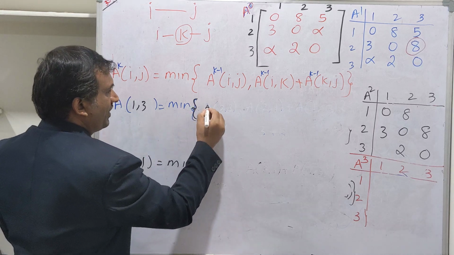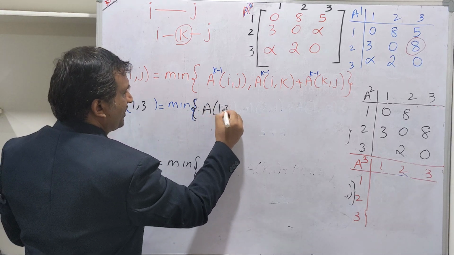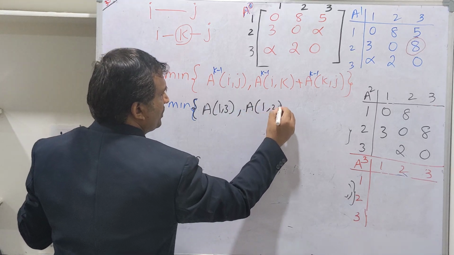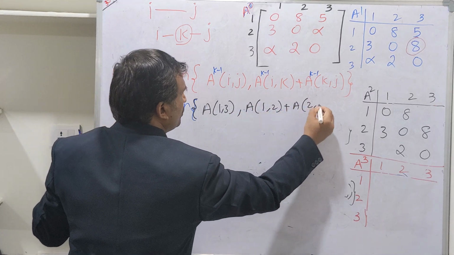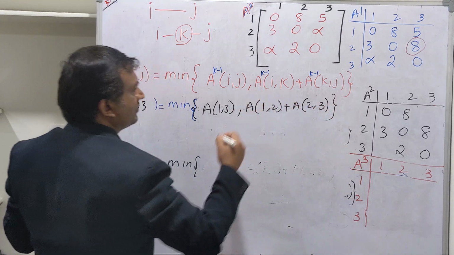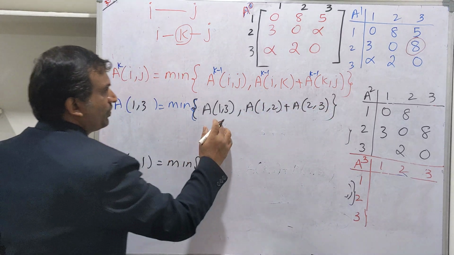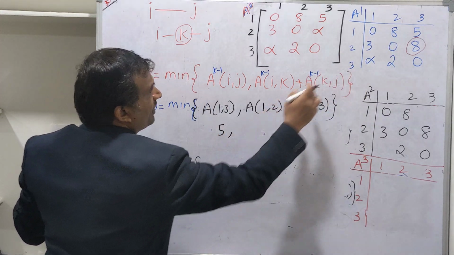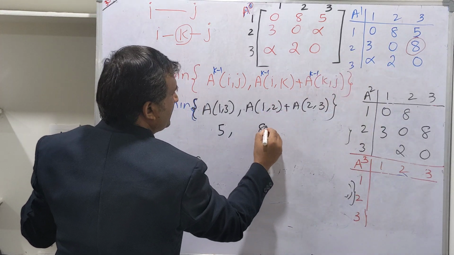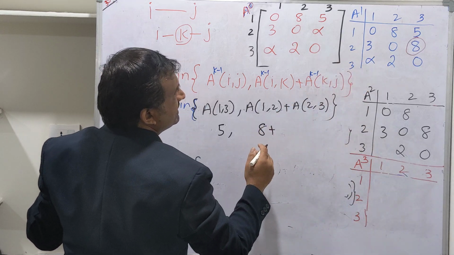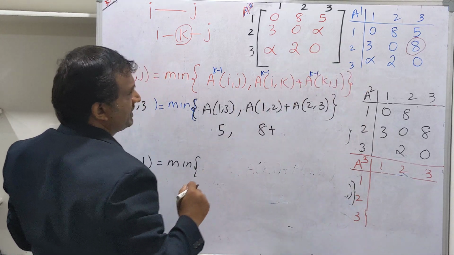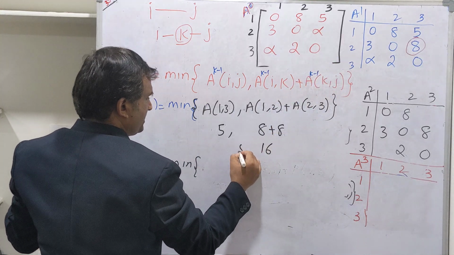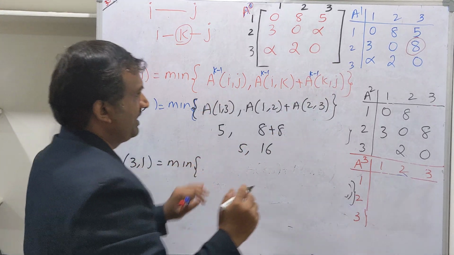So minimum of A of 1,3, and A of 1,2 plus A of 2,3. What is the A of 1,3 cost? The 1,3 cost is 5, and the 1,2 cost is 8 plus the 2,3 cost, which is 8, giving 16. So there is no change here. Let us keep it as it is.